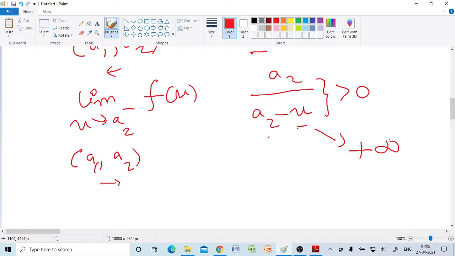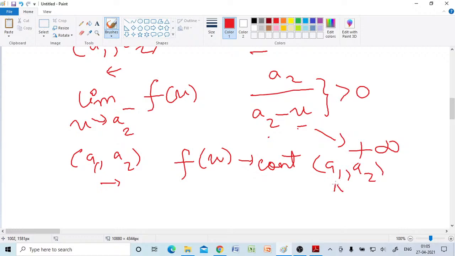So we can see that the function f of x is continuous in the interval a1 and a2. But note that if we approach a1, the function diverges to negative infinity, and if we approach a2, the function diverges to positive infinity.